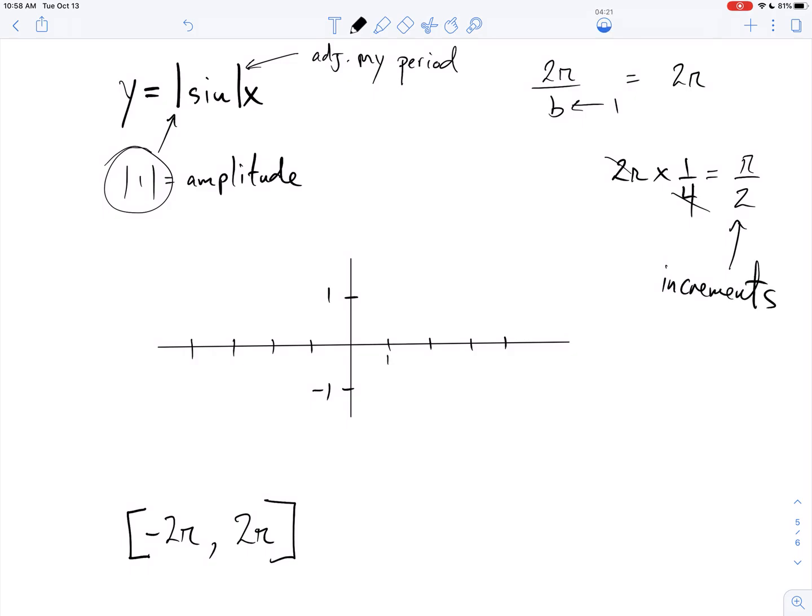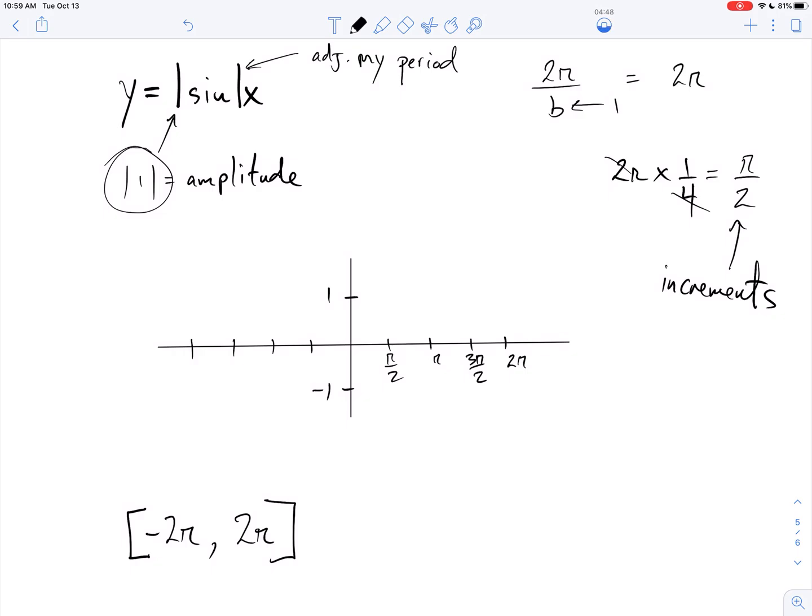So I'm going to say 1 pi half, 2 pi halves, 3 pi halves, 4 pi halves. Now, before I go any farther, we would never say 2 pi halves. We would reduce that, so I'm going to get rid of the 2's there. And 3 pi halves is legit, but we would never say 4 pi halves. We would just call that 2 pi.